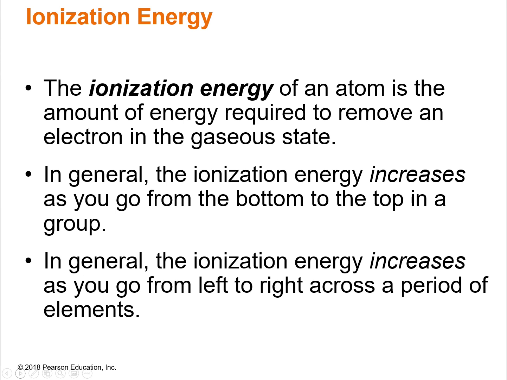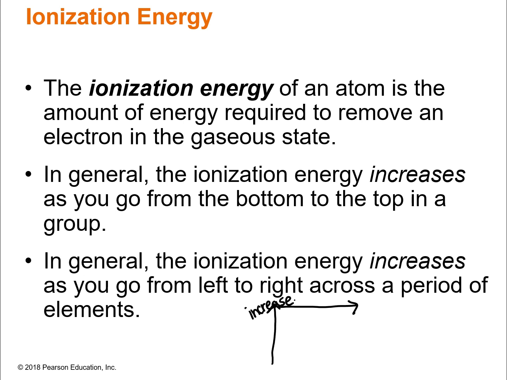Ionization energy is the amount of energy required to remove an electron from that atom in the gaseous state. In general, as you go from the bottom to the top of a group and from left to right, that ionization energy is going to increase.